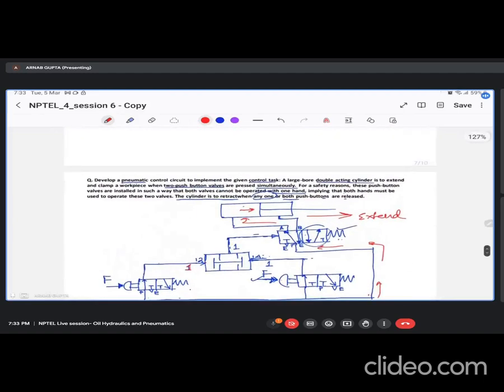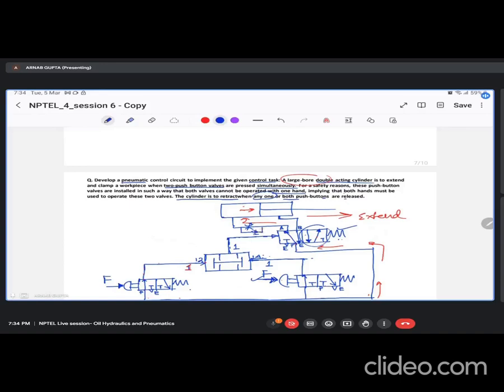Here also the same thing. It is a large bore double acting cylinder, so your extension should be slow. So here you can use a meter in circuit at your convenience. What will you do? You will put a flow control valve here and an NRV here. Since it's a meter in, the NRV should be like this.